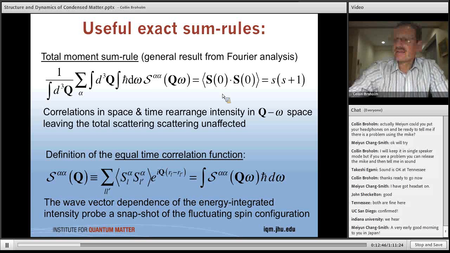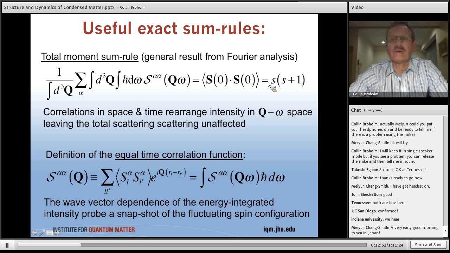In some cases, one can also carry out this type of integral over the data to check whether the normalization that has been done in the experiment is actually correct. I'll tell you that you can actually measure S of Q and omega in absolute units if you're very careful about carrying out a normalization of the data.